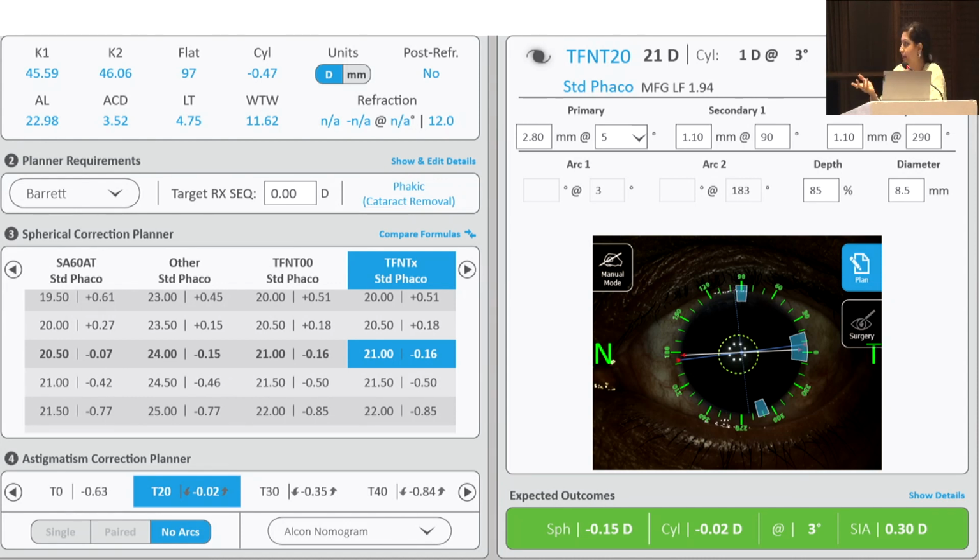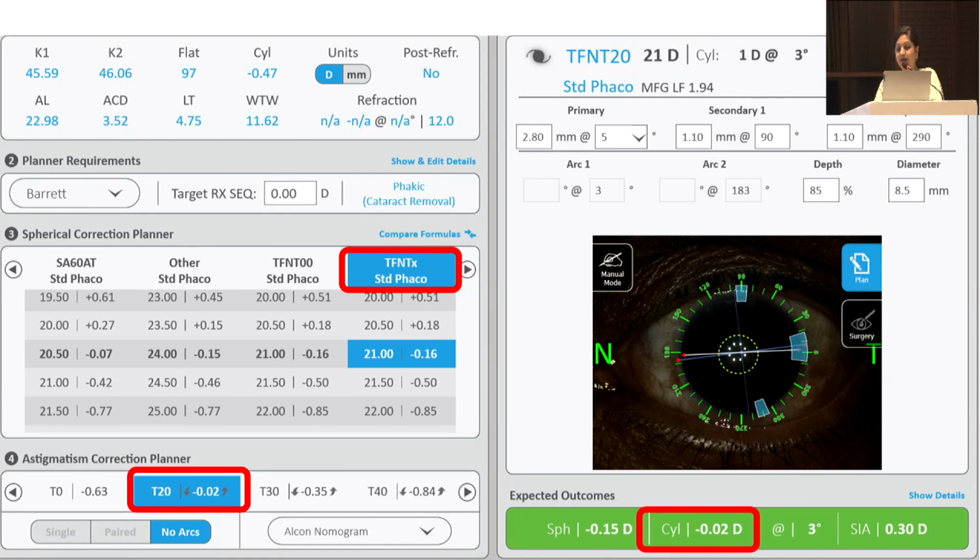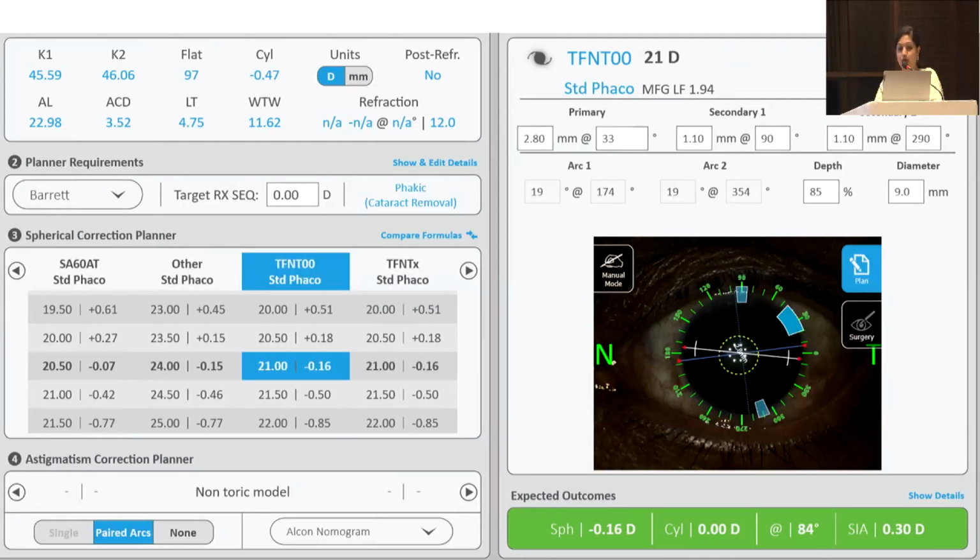So which is better? Why should I leave behind a 0.63 when I can upgrade to a toric and get a residual of 0.02? That is for us to decide depending on how much perfection you are aiming at. So this was the T20 that we are taking, and we are leaving behind a 0.02.